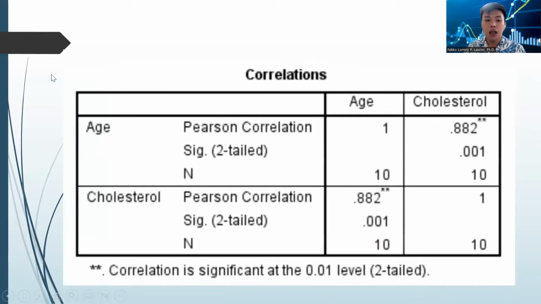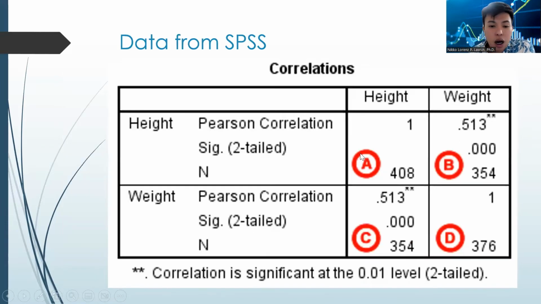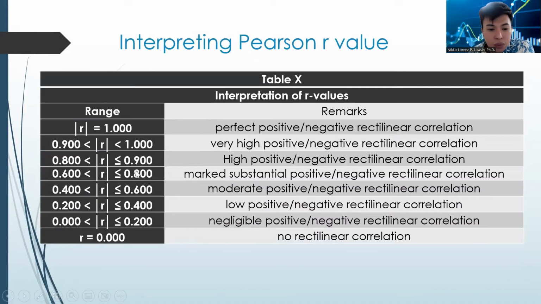Another example, the age of a person and the amount of cholesterol in their bloodstream. You can see here as the age increases, accumulation of cholesterol is also observable. You got 0.882 here, so there is a high positive rectilinear correlation.